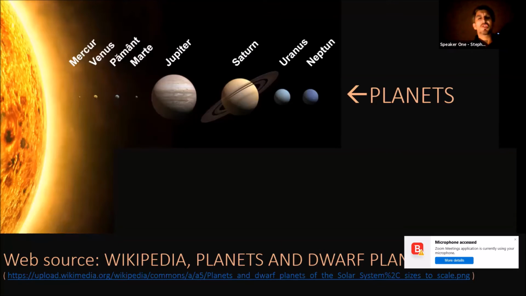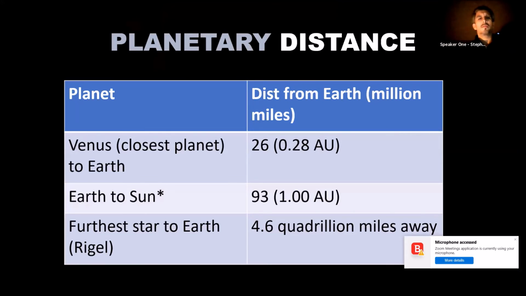And I will skip these. I will go to the planets. You probably know about the 9 planets. And to give you knowledge about the distance of planets and stars, Venus is the closest thing other than the moon that we can identify, and it is 26 million miles away.